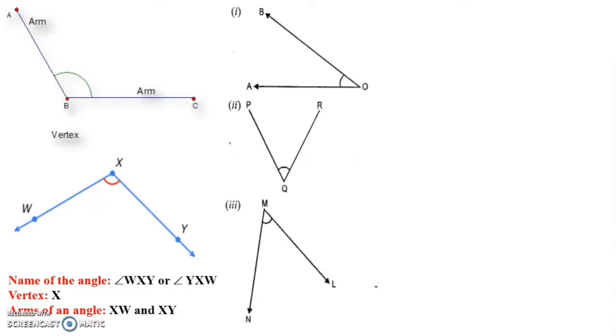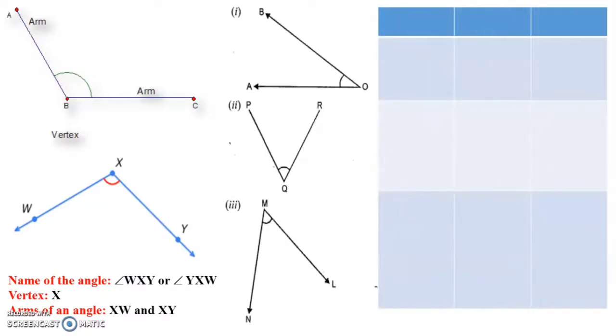Here are three examples given. We'll see how to name an angle, the vertex and the arms of an angle. Now in the first example, we have an angle which we can name as angle BOA, or we can name it as AOB.